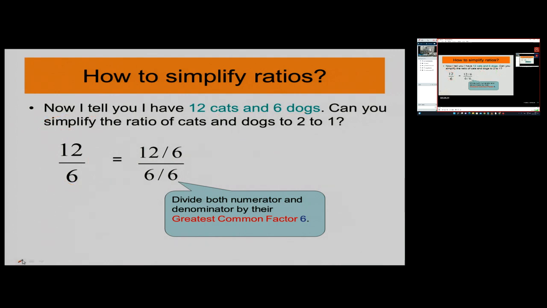If you answer 2, repeat. It should be 2 over 1 since we are simplifying the ratio. This is 2 is to 1 if you rewrite it in colon form.